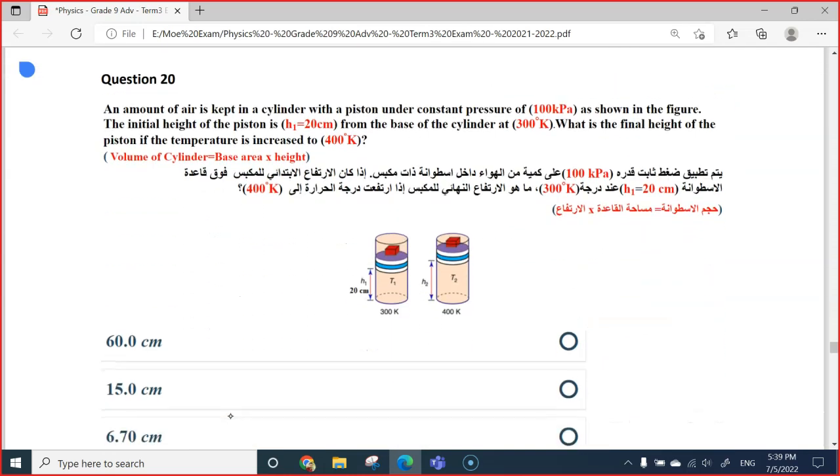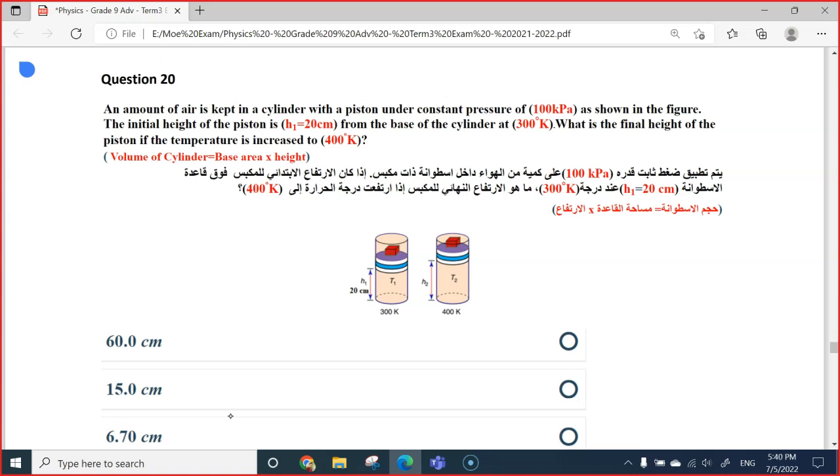Question number 20. An amount of air is kept in a cylinder with a piston under constant pressure of 100 kilopascal. So pressure is constant. Here volume and temperature is changing. At a constant pressure, volume is directly proportional to temperature.